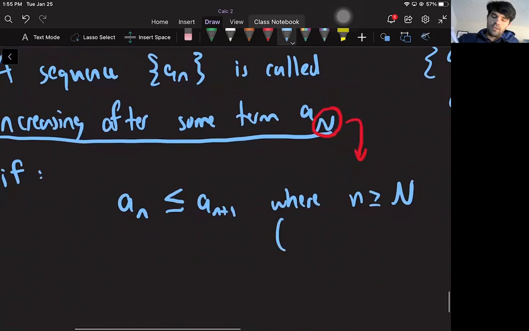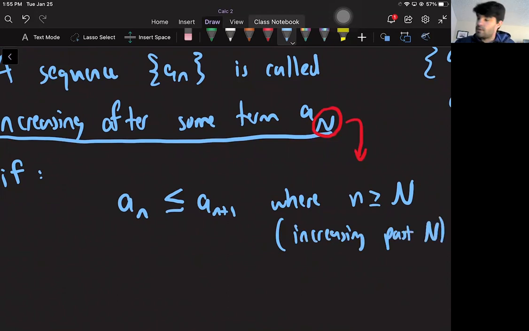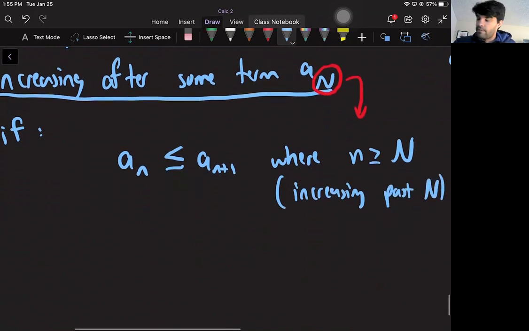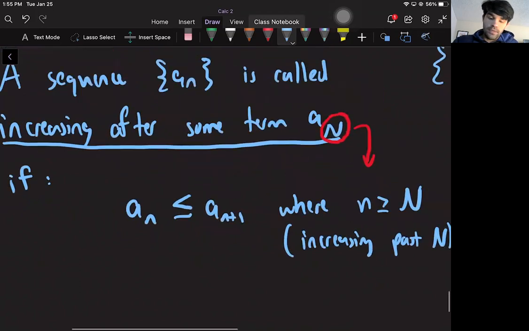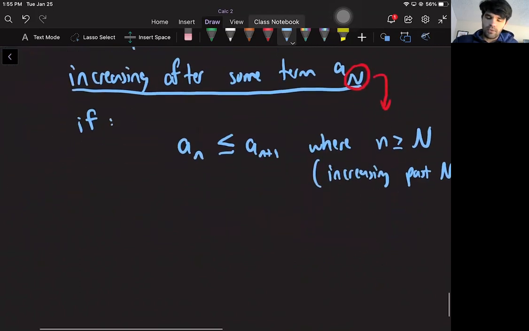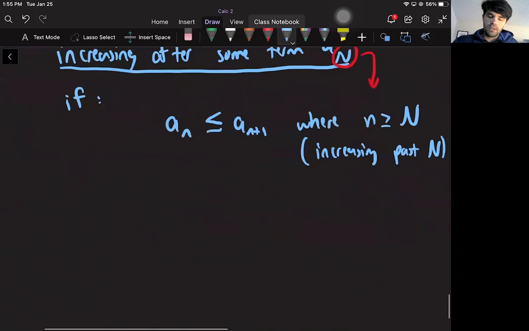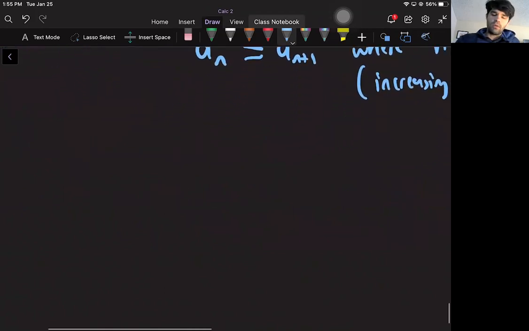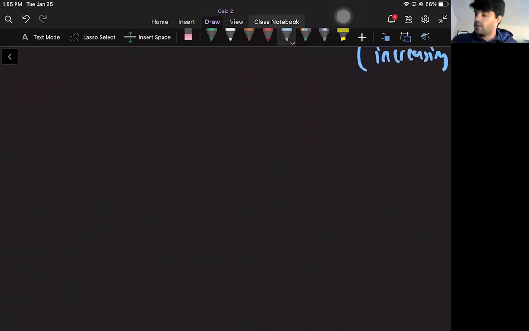Okay, so this just means increasing past N specifically. All right, so again, definitions are hard to work with. You got to see examples to really make sense of them. So let's see an example and then think about why this definition means that the sequence is increasing.